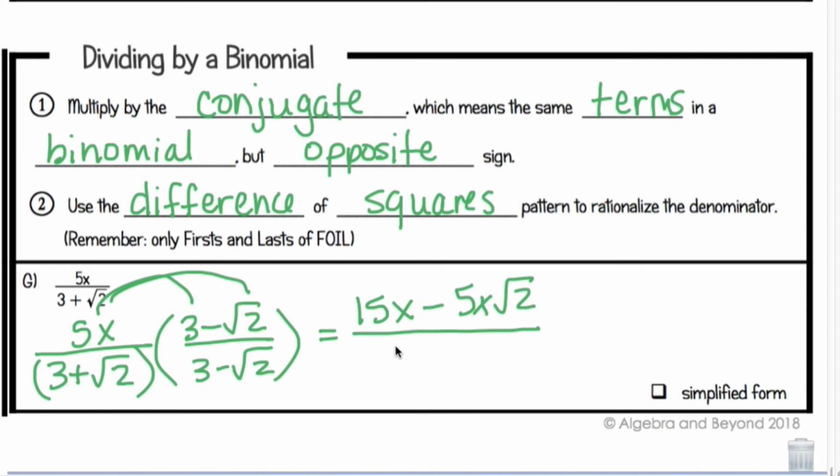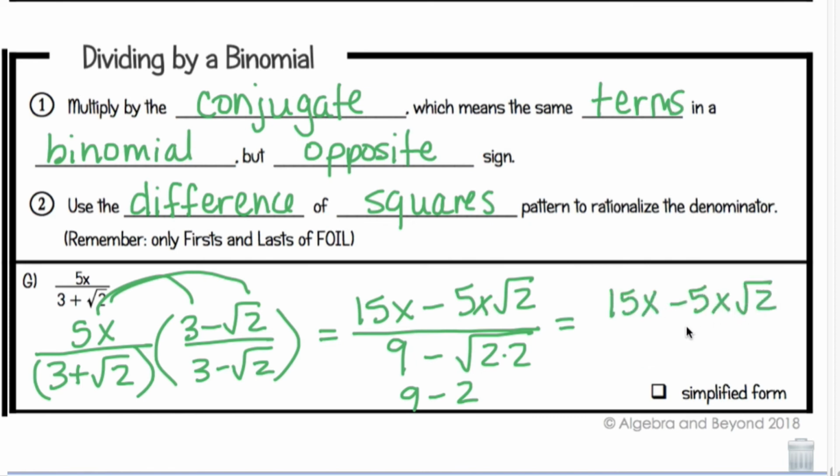So 3 times 3 is 9, and then minus square root of 2 times 2, which we know is going to be 9 minus 2. So my final answer is 15x minus 5x square root 2 all over 7. And then it is in simplified form.